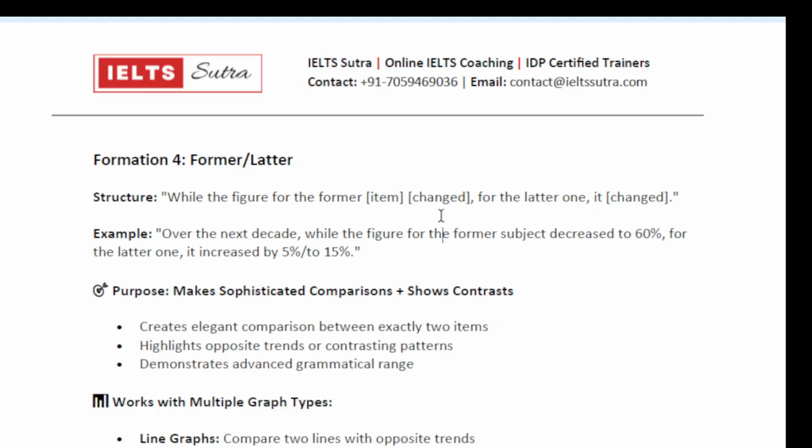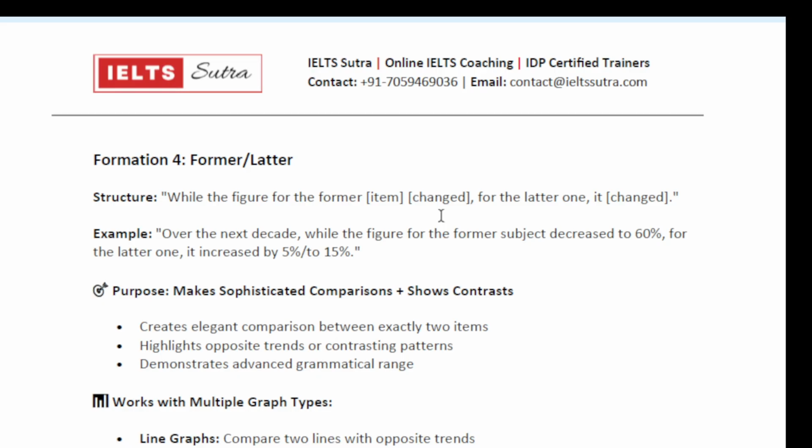And this formation I also use after using the highest lowest formation. For example, when I mentioned that the percentage of students who opted for science was the highest, which was 66%, whereas the figure for maths was 10%. So after the highest lowest formation, we can use either respectively or former latter.